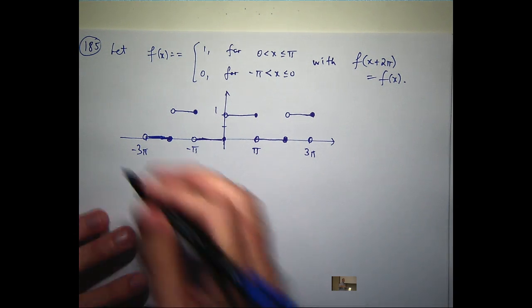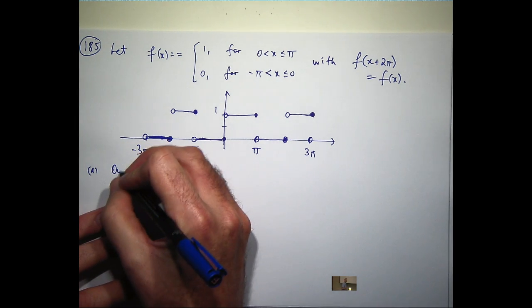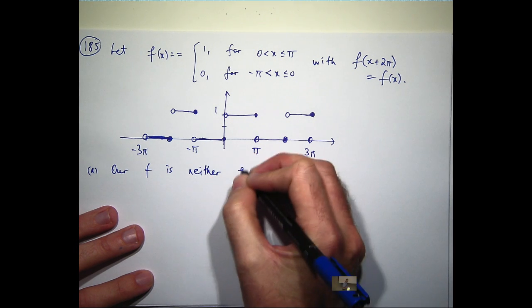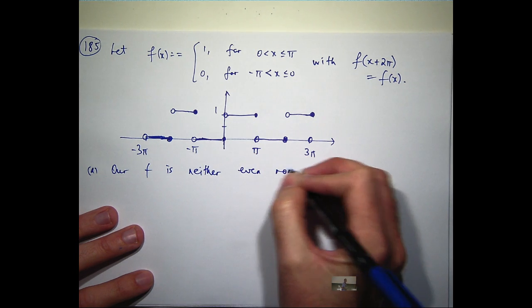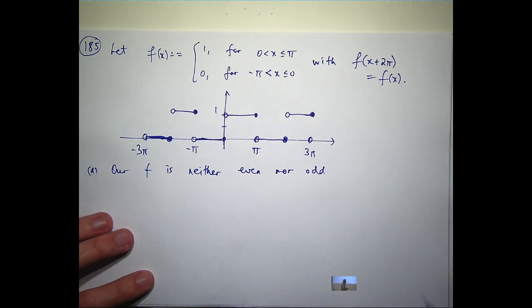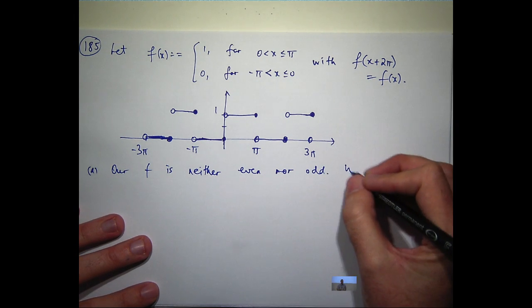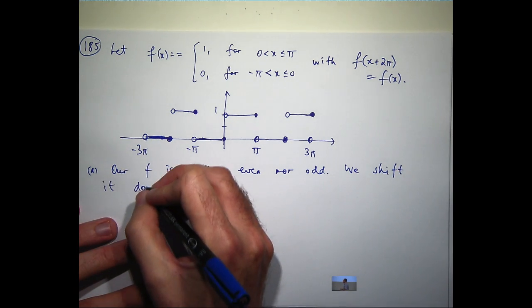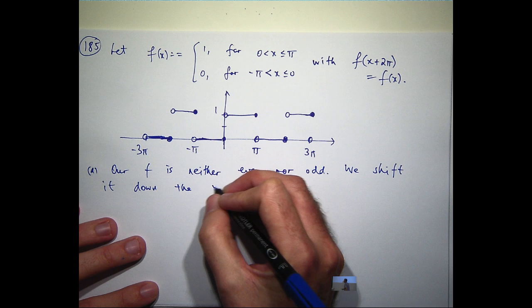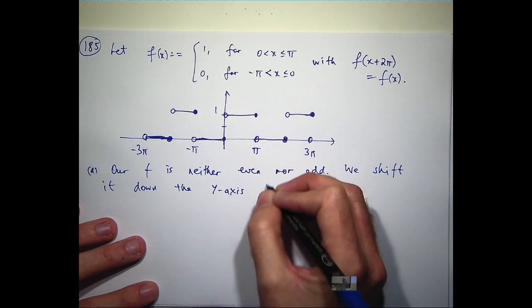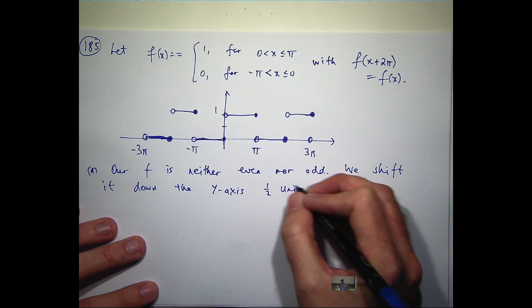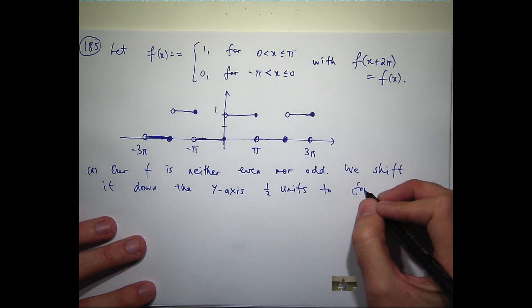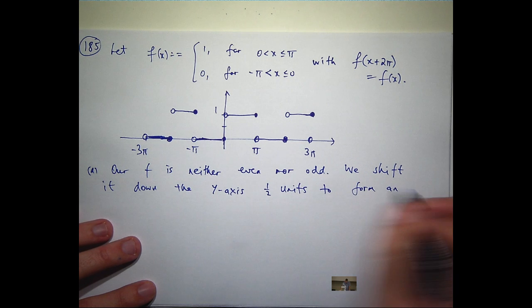Cool, very cool. So our f is neither even nor odd. We shift the y-axis 1/2 unit to form an odd function.